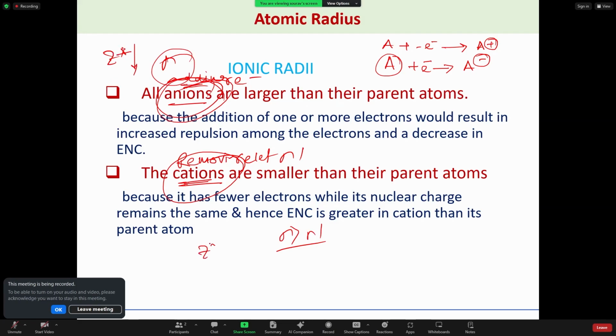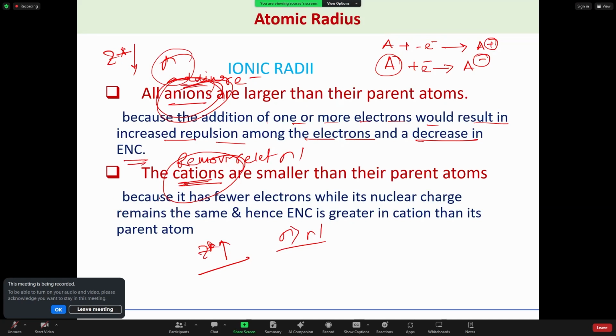For the cation case, the effective nuclear charge value will increase. It is written here because the addition of one or more electrons results in increased repulsion between the electrons and a decreased effective nuclear charge. That is actually happening here.